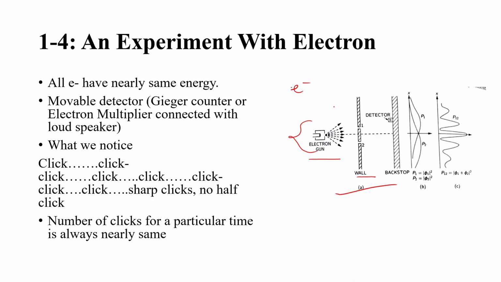Okay, and this movable detector is, let's say, a Geiger counter or electron multiplier connected with a loudspeaker, and every time an electron is detected by this detector, it sounds click, click, click. These clicks are very sharp clicks. There are no half clicks. Okay, and the number of clicks for a particular time is always nearly the same.